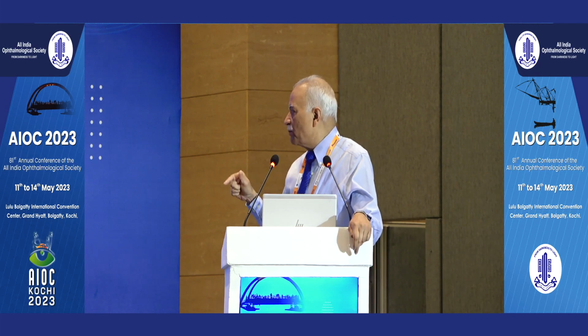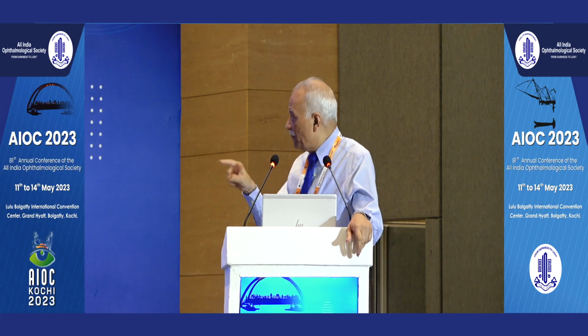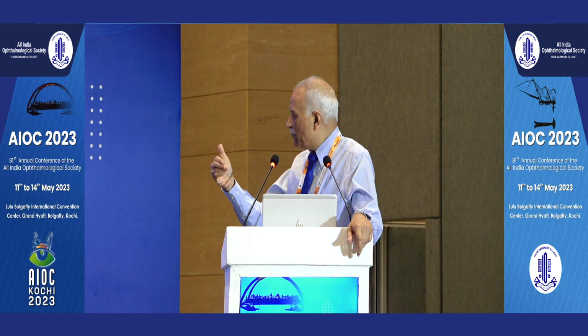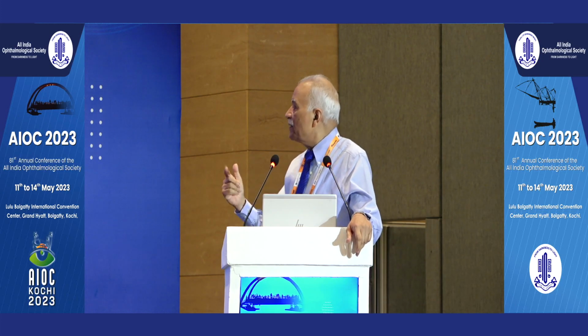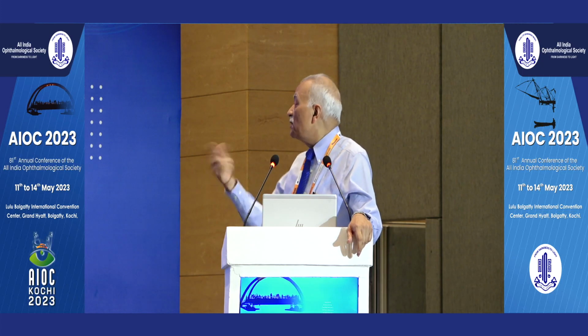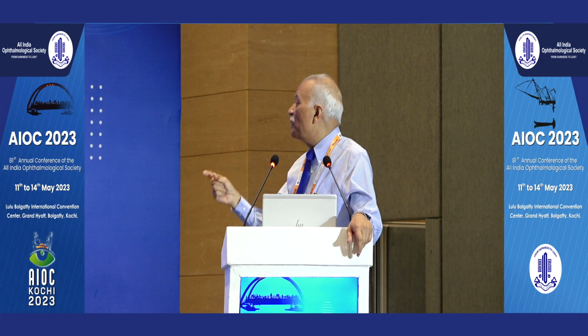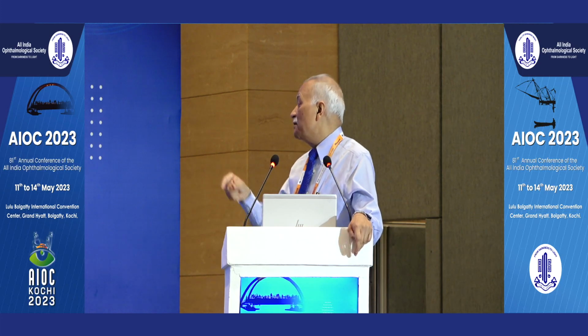I wouldn't do a Kestenbaum for up to 30 degrees. If there is more than 40 degrees, then I would do the same Anderson's plus resections. As I said, the reason is that if you have missed a PAN and you have done augmented Anderson's, you can easily do the other two muscles. But if you have done a Kestenbaum, there will be a problem. You would have to undo the resections and then do a recession. So it's a complicated procedure.